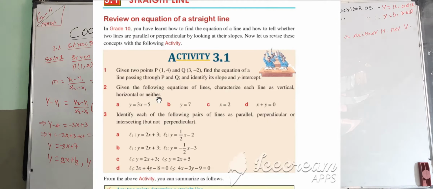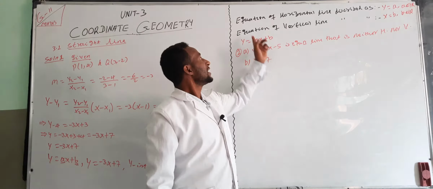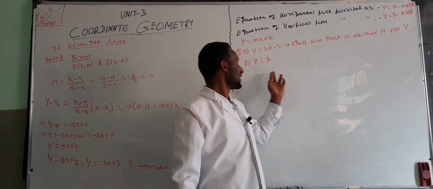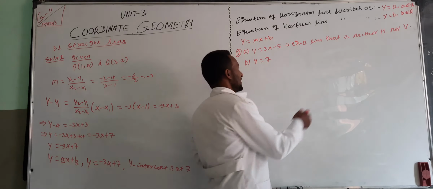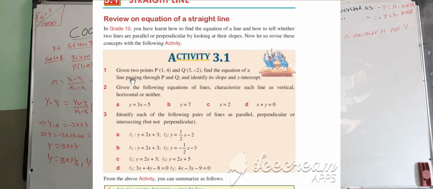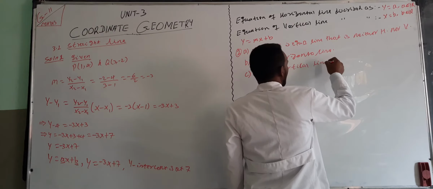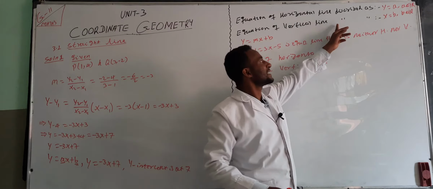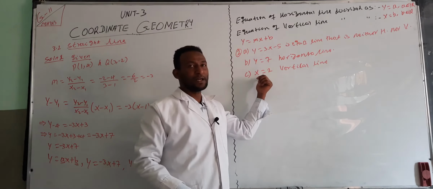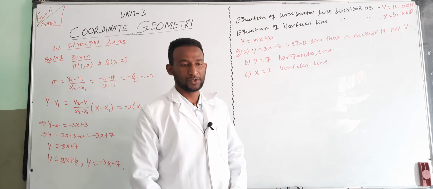This is the equation of a horizontal line, because the equation of a horizontal line is described as y is equal to a. In this case, a is 7, therefore this is a horizontal line. See c, x is equal to 2, is a vertical line. The equation of a vertical line is described as x is equal to b. In this equation, b is 2, therefore this is a vertical line which has no slope.